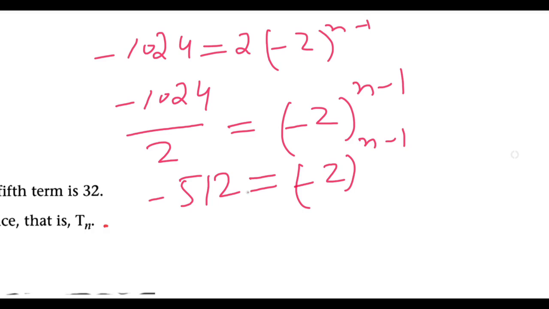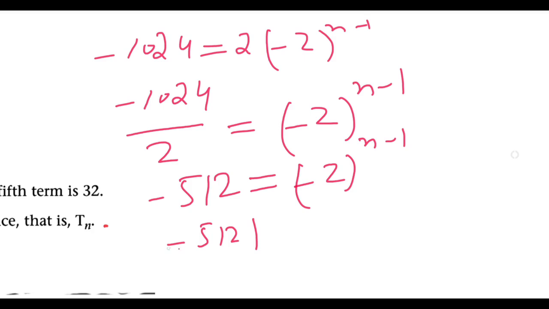Why? Because I got negative numbers. The log formula can only be applied on positive numbers. So I'm going to make it a positive number. How? I'm going to apply the absolute value. Absolute value removes the negative sign, and then the number becomes positive.